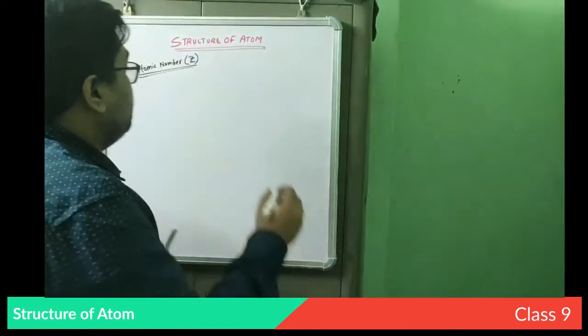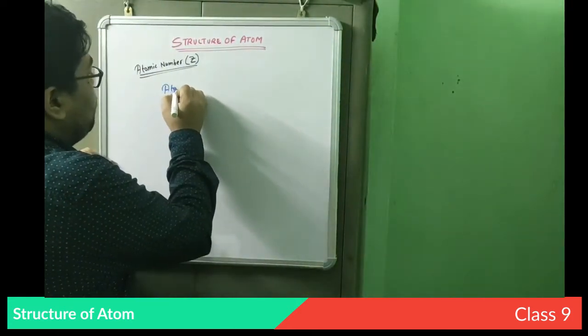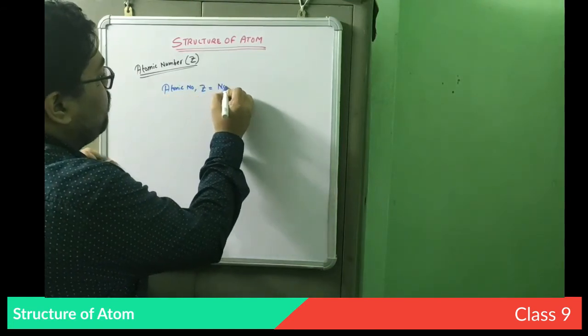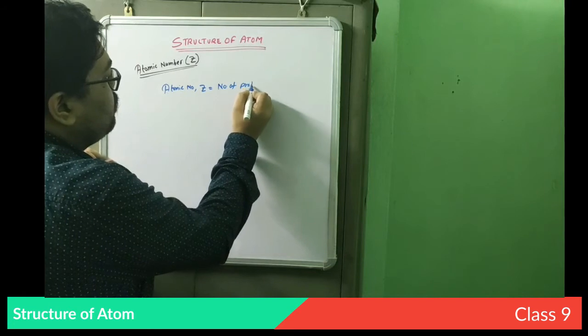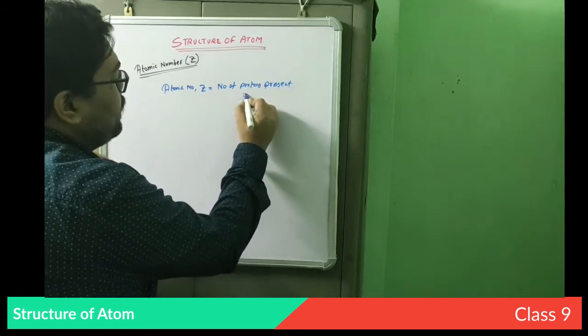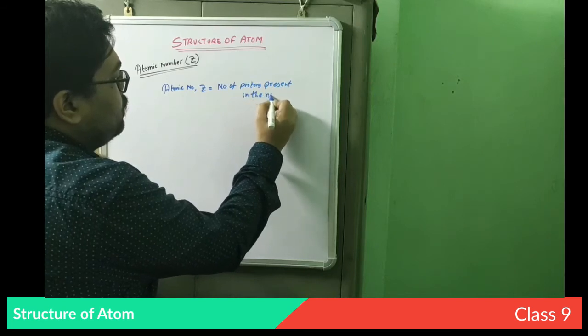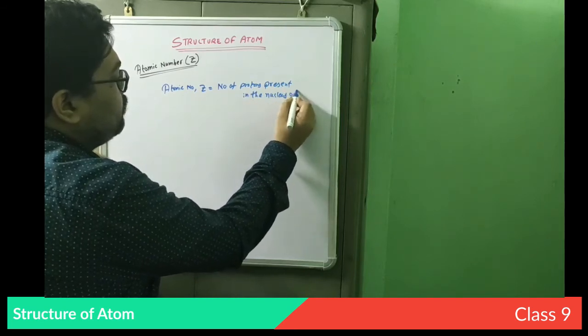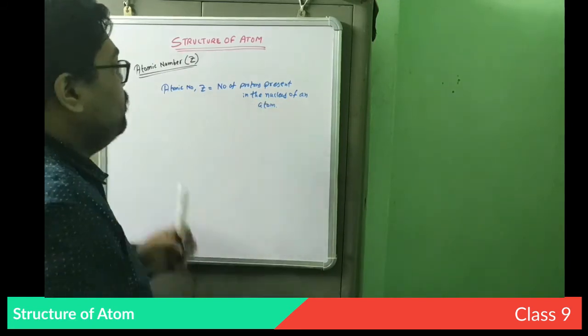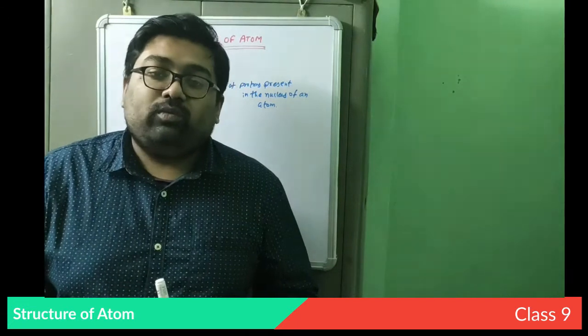That means atomic number, that is Z, is equal to the number of protons present in the nucleus of an atom. So this is atomic number.